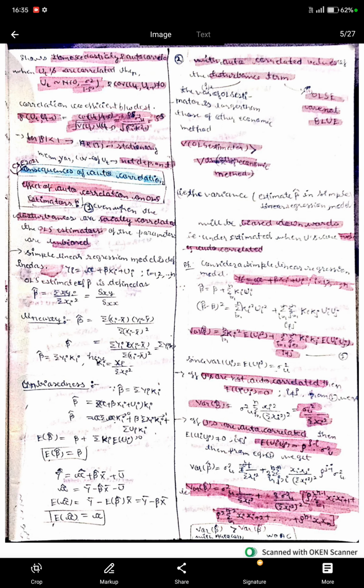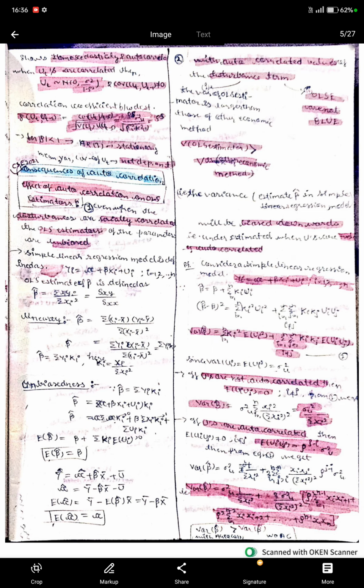will be biased downwards. That is, the variance of the estimate beta cap in the simple regression model will be biased downwards, that is, underestimated when the u's are autocorrelated.